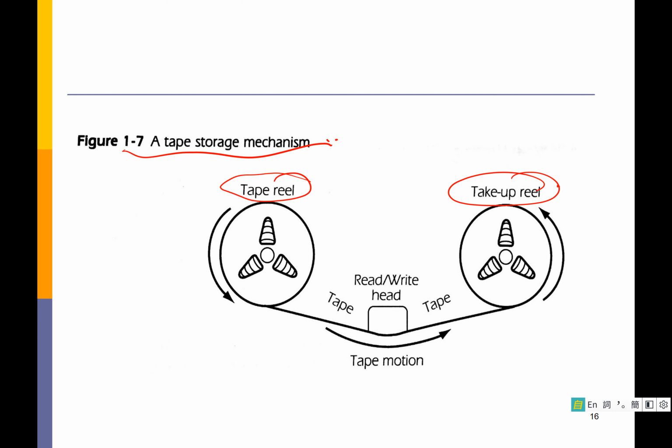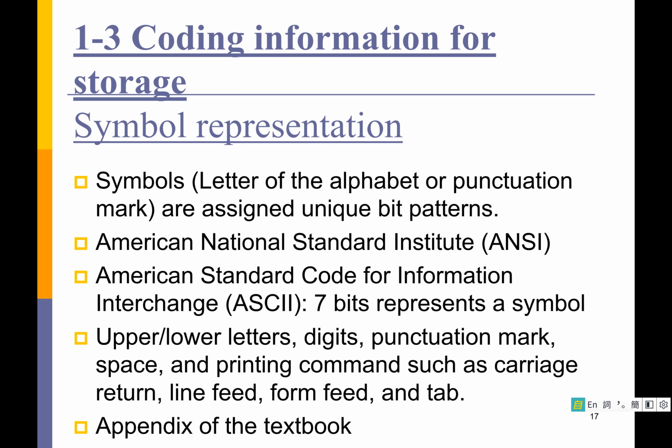So normally this is used for data storage, which means those data we no longer need to access daily or in the near future. We just save the data and put it somewhere. And when we want to take a look at the history of the data, we can pull out the tape and read the data or information from the tape.